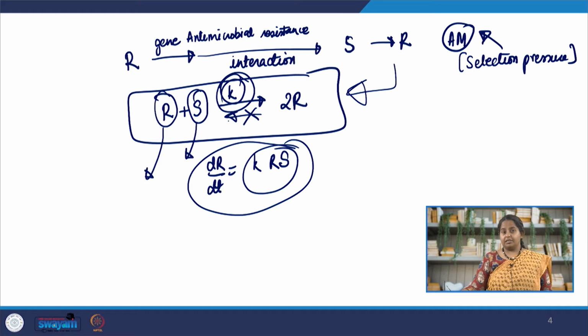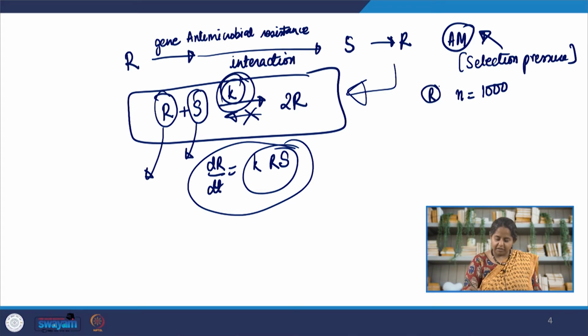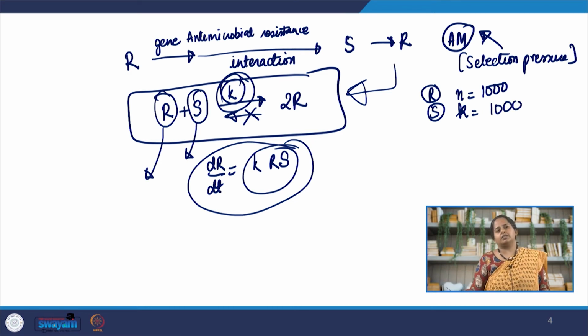Now notice, we are not just talking about one bacteria. Say N is for resistant bacteria, and N is equal to 1000 different kinds of resistant bacterial strains in the slurry tank at any given time. Let me put R here. And for sensitive, let's say I'm using the letter K, and we have another 1000 strains of sensitive bacteria in the slurry tank, which can acquire resistance from the 1000 types of resistant bacteria.